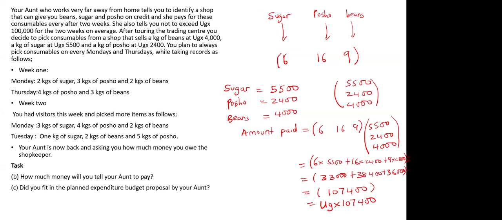So back to the first method that we had tried, when we put the matrix for the cost first and the matrix for the item second, I thought since it would be a 3 by 1 multiplied by a 1 by 3, the answer matrix would end up being a 3 by 3. So I'm a bit confused with how we ended up with 107,400 when we just multiplied one.